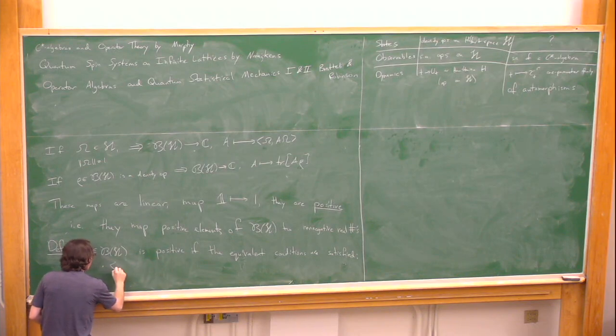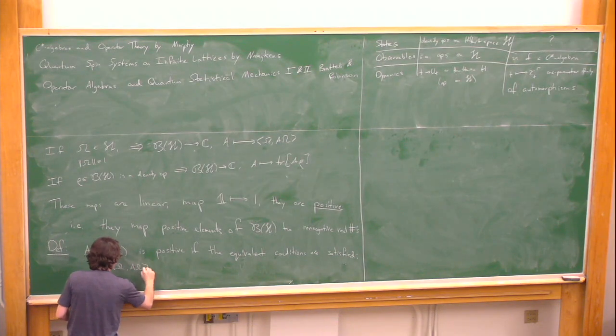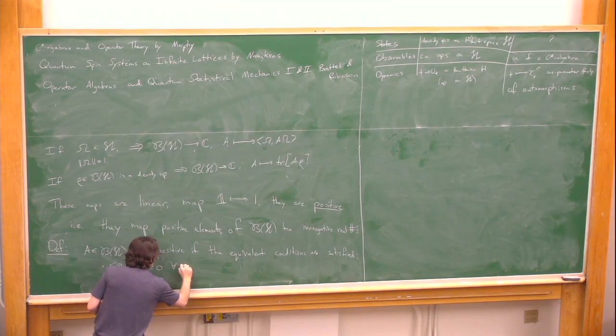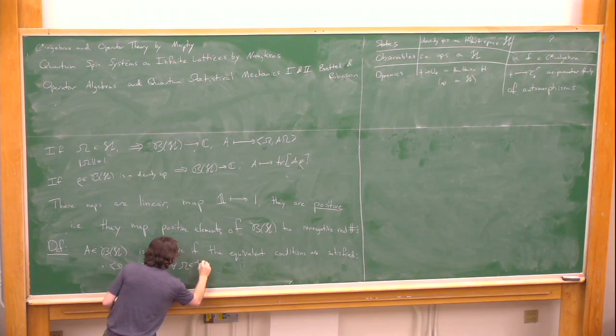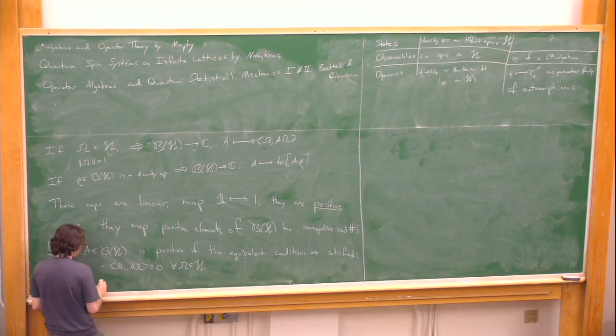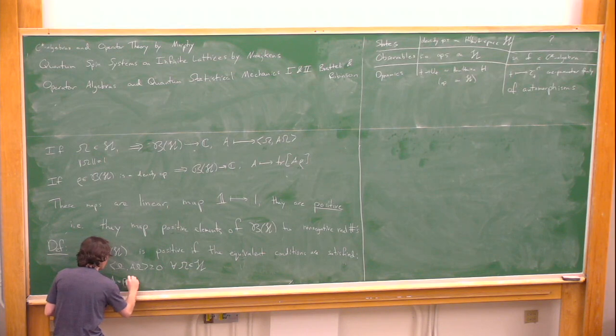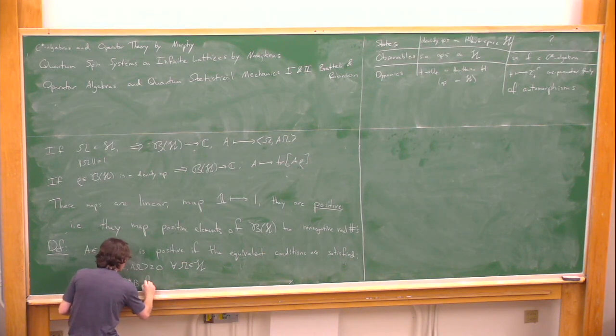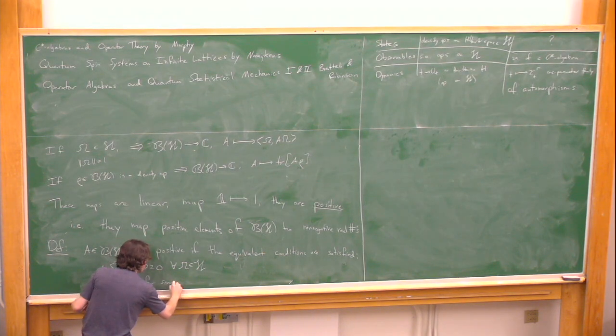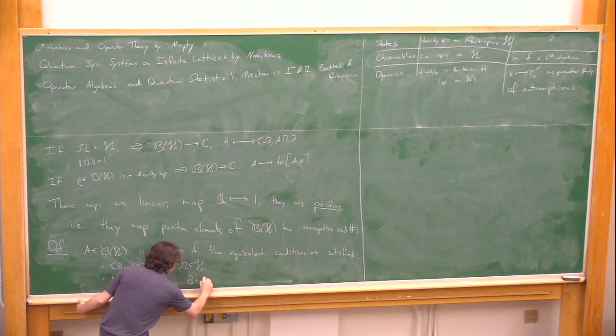Either it has positive expectation values for all states, or equivalently, A can be written as B star B for some B in the bounded operators on H.